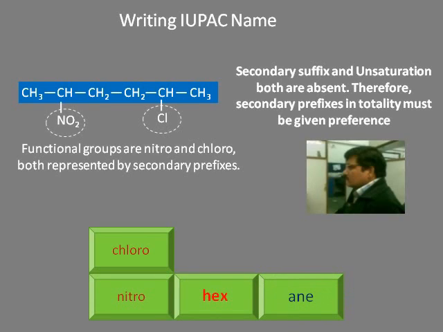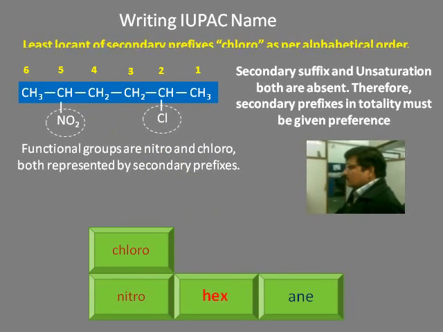Here, because there is no unsaturation, the primary suffix is ane. The numbering can be done from the left side: 1, 2, 3, 4, 5, and 6. The least locant of secondary prefixes, chloro as per alphabetical order, will be given by numbering from right to left.